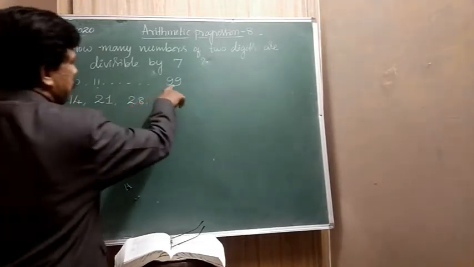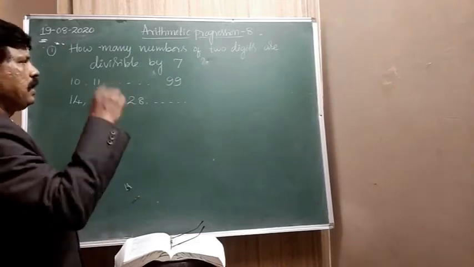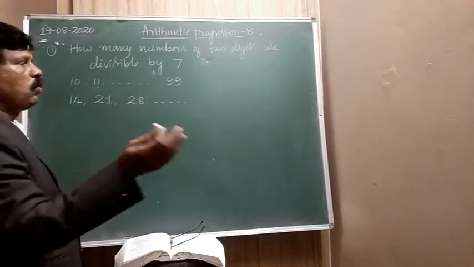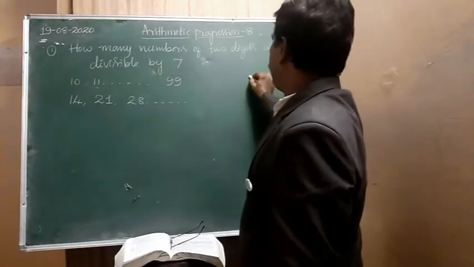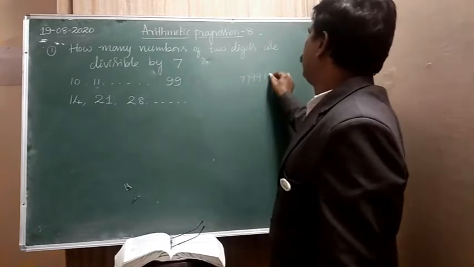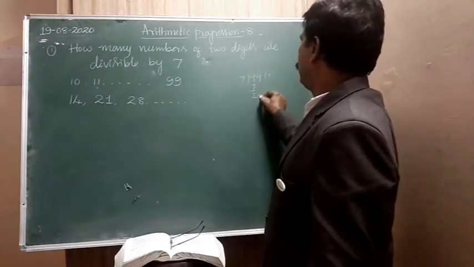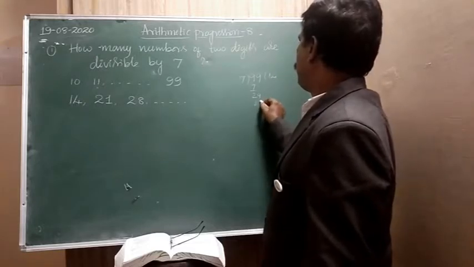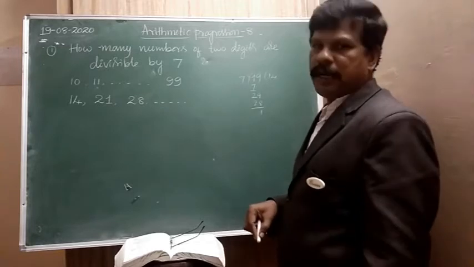Here, is 99 divisible by 7? No. Then 98. Look at this: 99 divided by 7, 7 ones are 7, 2 carry 9, 7 fours are 28, so 1 remainder.